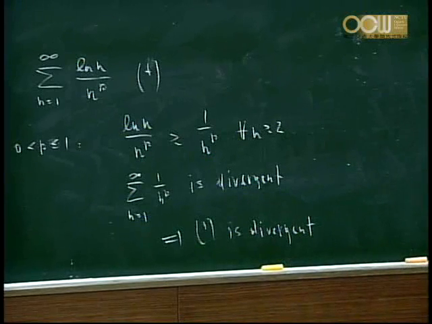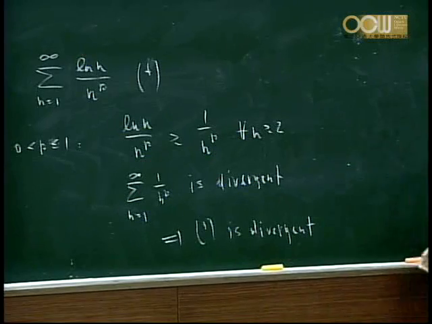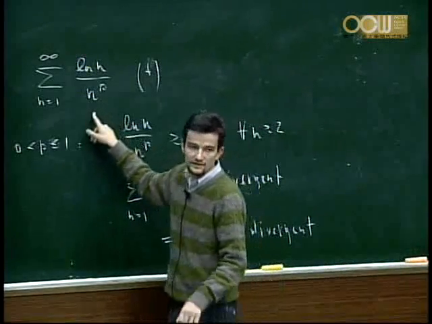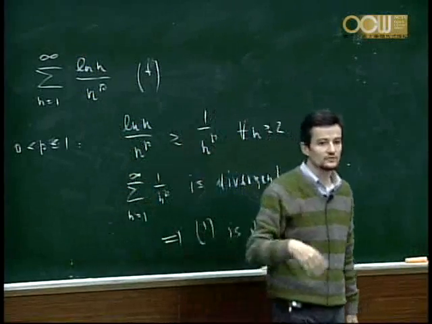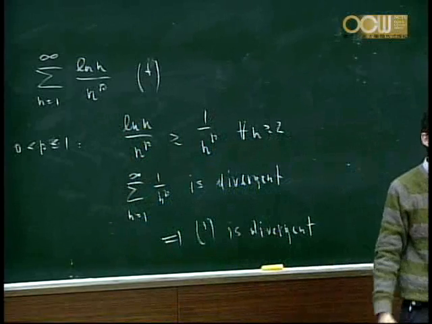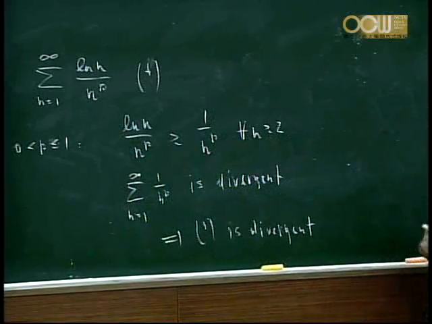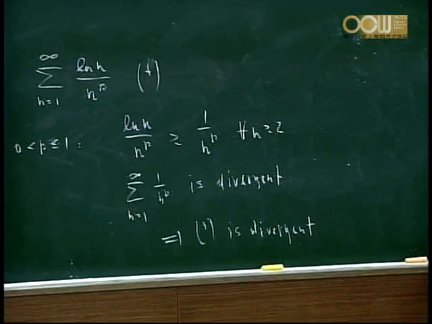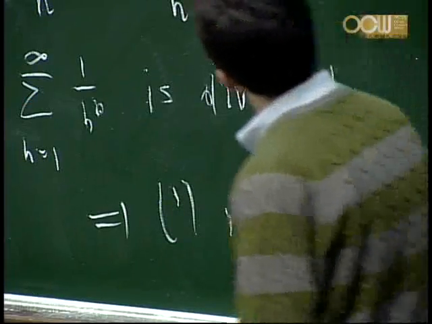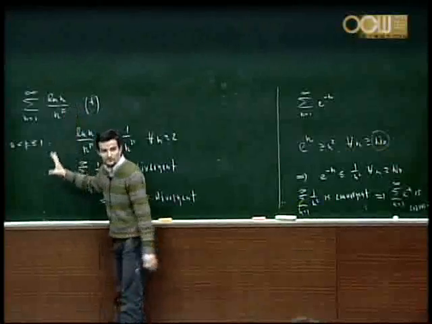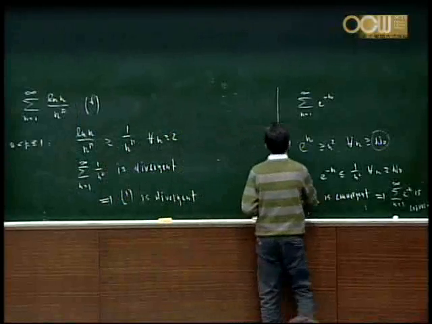So it's much easier than with the integral test, because when I use the integral test, I have to compute this integral, use integration by parts and so on. It's not really complicated, but too much detail, too many computations. Life is much easier if you use the comparison test.